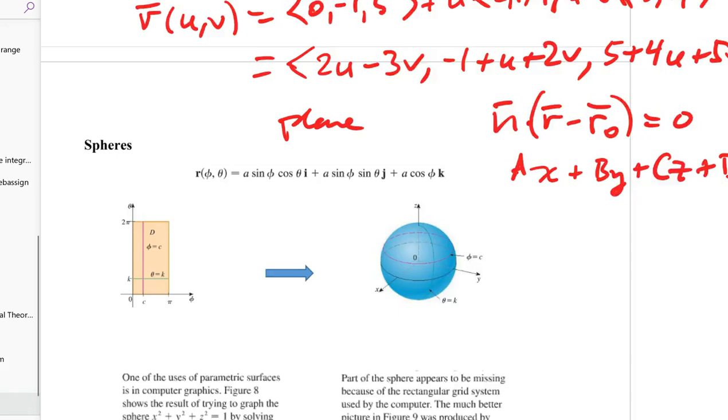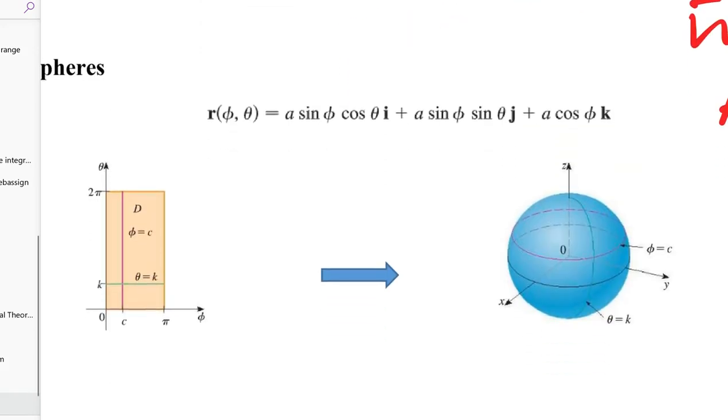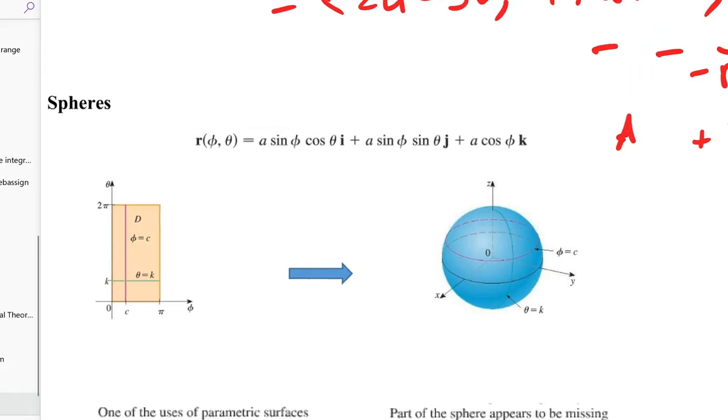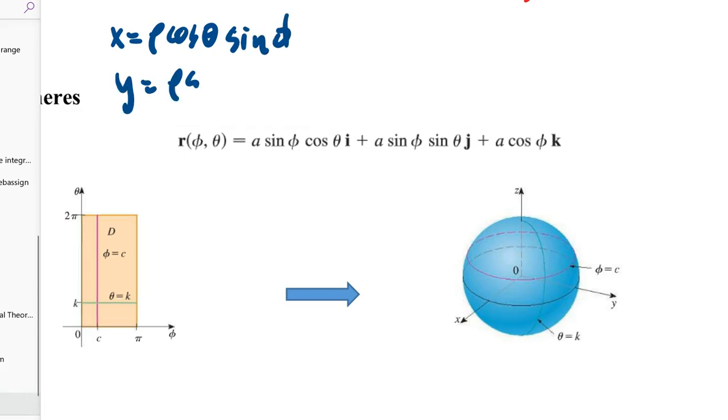Now, if you look at how to parameterize a sphere, we can just use our rules from spherical coordinates. So remember, from the conversions, x was rho cosine theta sine of phi, and then y was rho sine of theta sine of phi, and then z was rho cosine of phi.